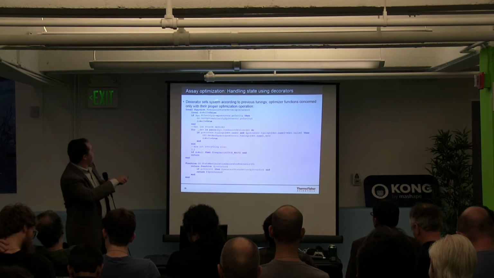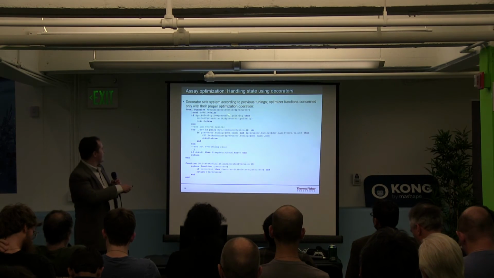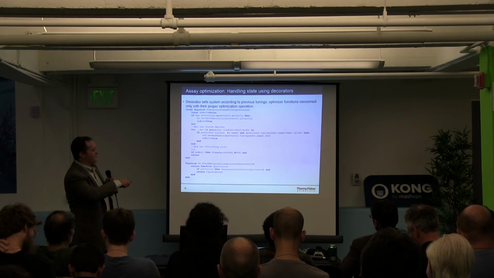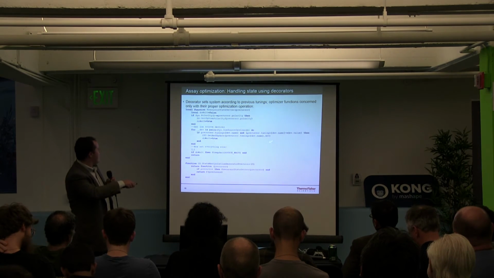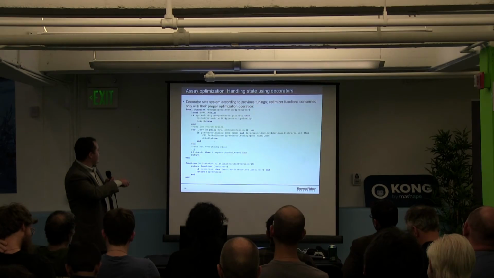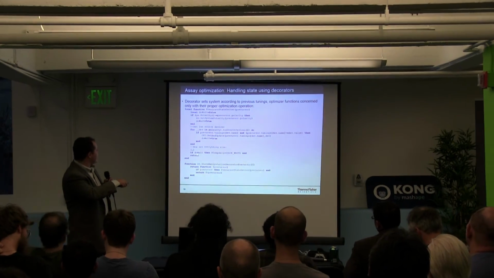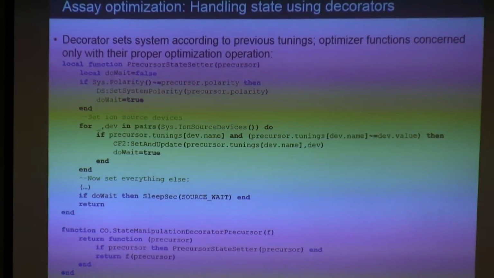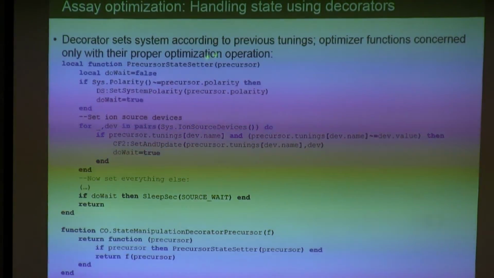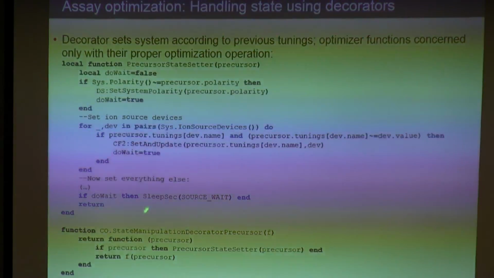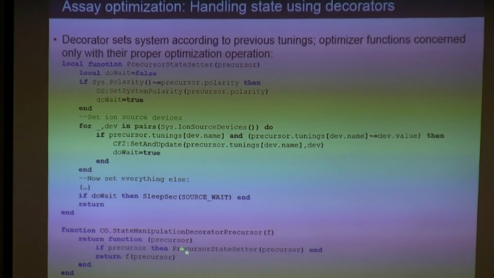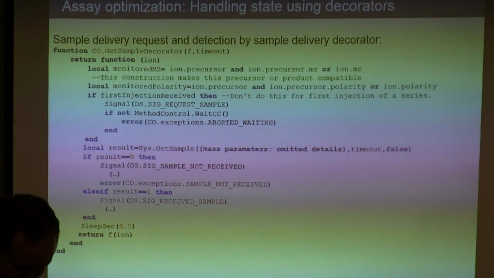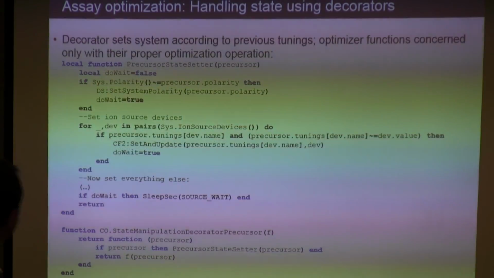So we have something called a state setter, which we use the function decorator for each of these things, which reads any information we might have about previous tunings, sets the instrument accordingly, and then returns what the original function call returns.